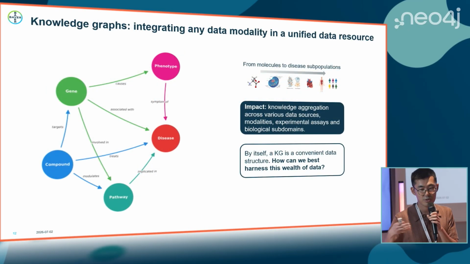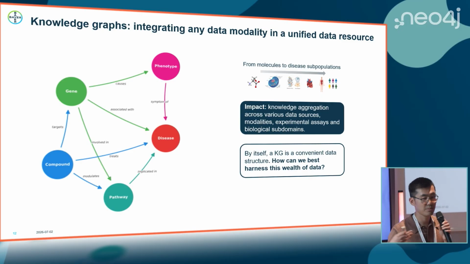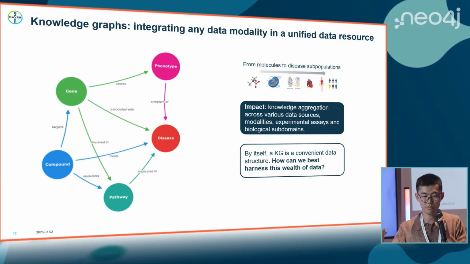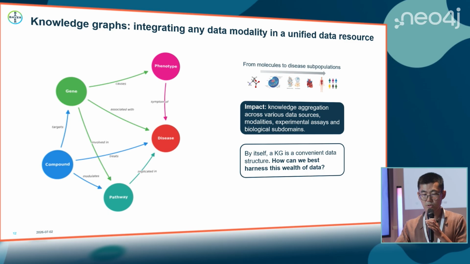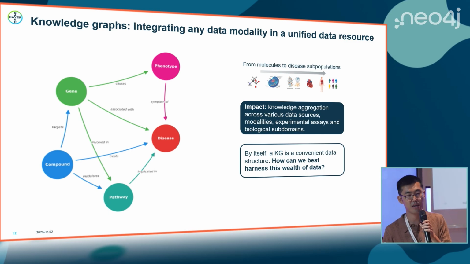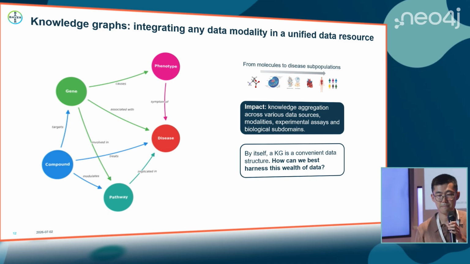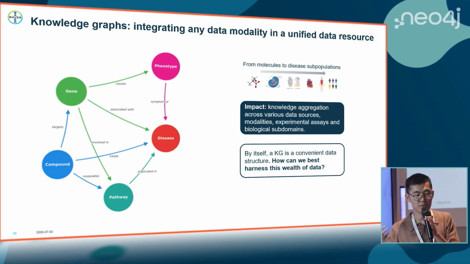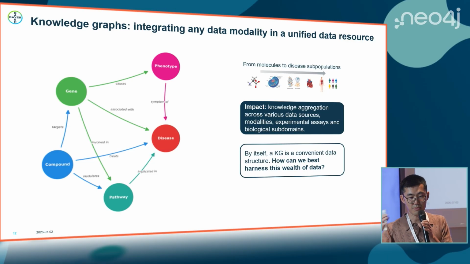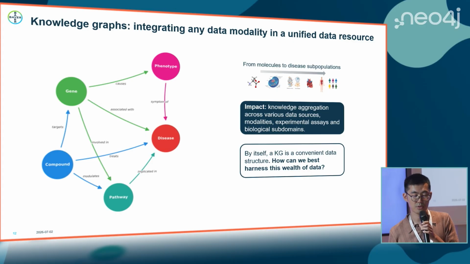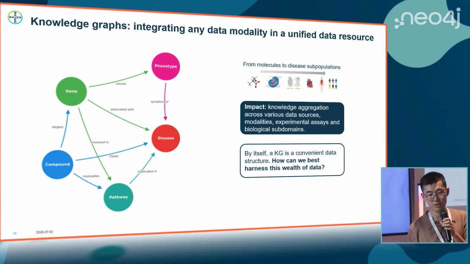So this is just a very simple schematic of how a biomedical knowledge graph could look. Of course, we have genes, compounds, pathways, phenotypes, and diseases. This graphic illustrates that in a knowledge graph we really capture many scales, so also molecular evidence, but also can include disease subpopulations.